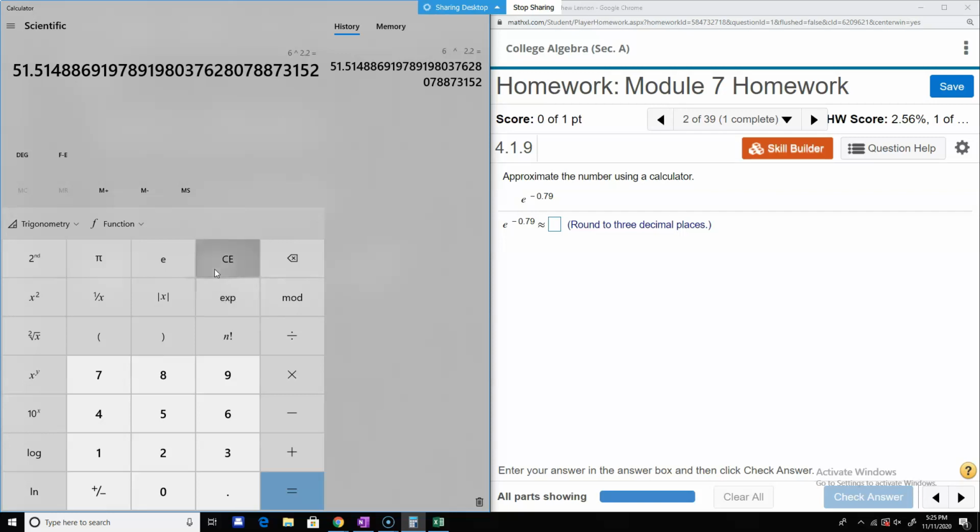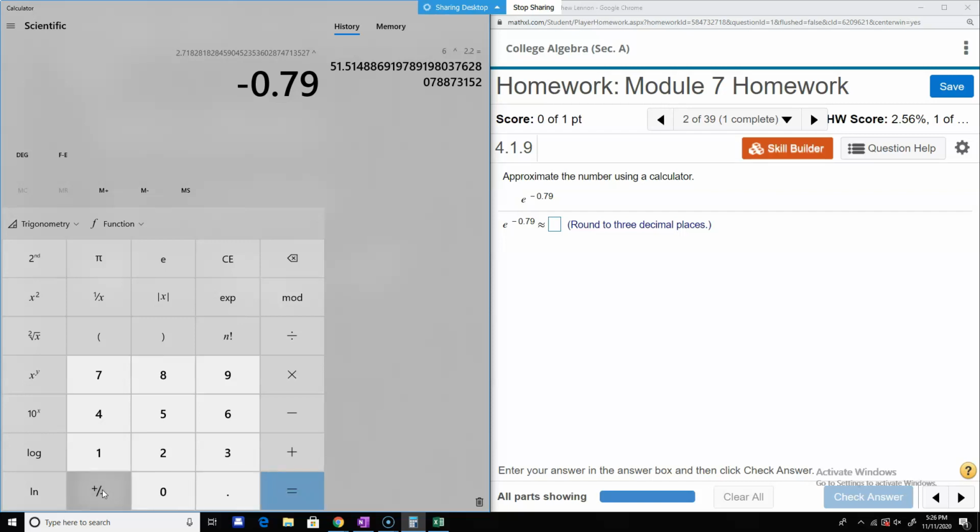So we can clear our previous thing out and do e. And notice that's 2.71828 and a bunch of other numbers that eventually start to look random to our eye. And then we hit the X to the Y button, and we want to do negative 0.79.